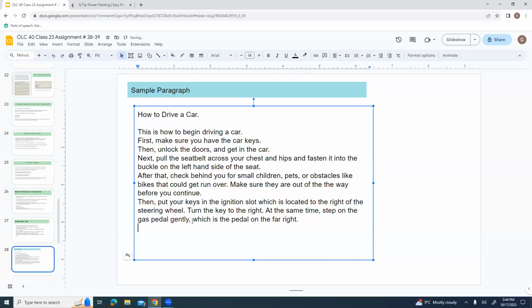Okay, so now they've got their car turned on. If you hear the engine start up, then you have done this correctly.